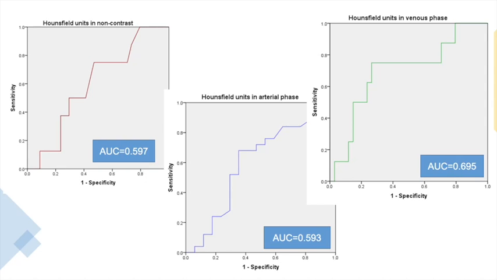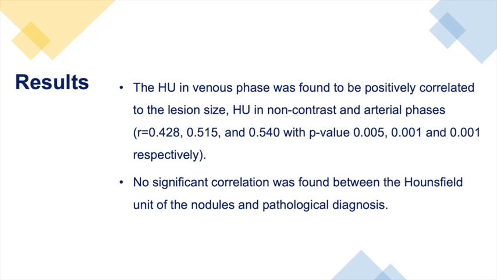Here are the log curves. The Hounsfield unit in venous phase was found to be positively correlated to the lesion size, and the Hounsfield unit in non-contrast and arterial phase. However, overall, no significant correlation was found between the Hounsfield unit and the pathological diagnosis.